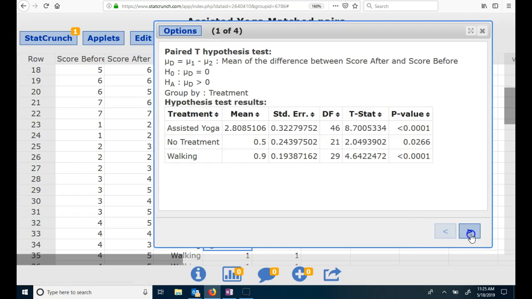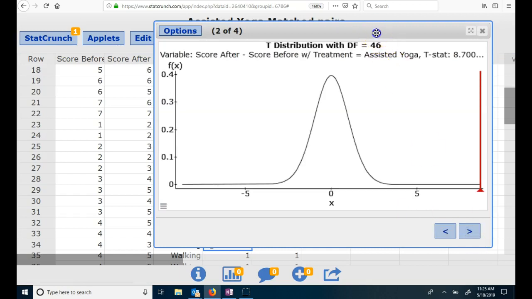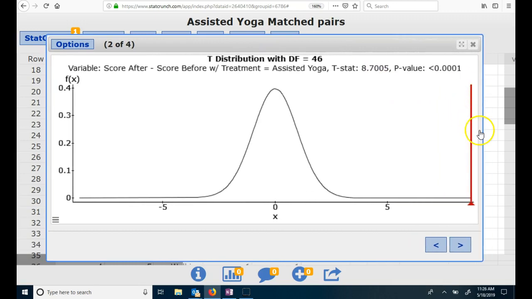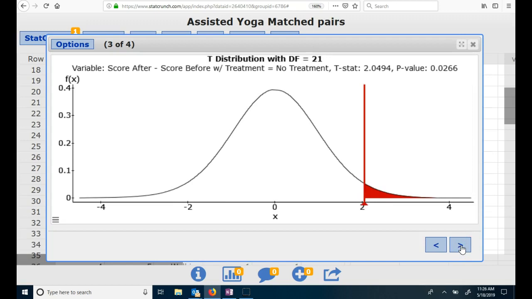All right. When we look at this, here's the one that has our assisted yoga treatment. So in this case, we can see how far away the assisted yoga treatment is from the mean. Okay. This mean 0 over here is no difference. And this one's a very large difference. When we go over to the no treatment group, you can see that it's much less of a difference. Okay. And in fact, we have that p-value of 0.0266, which is still significant.